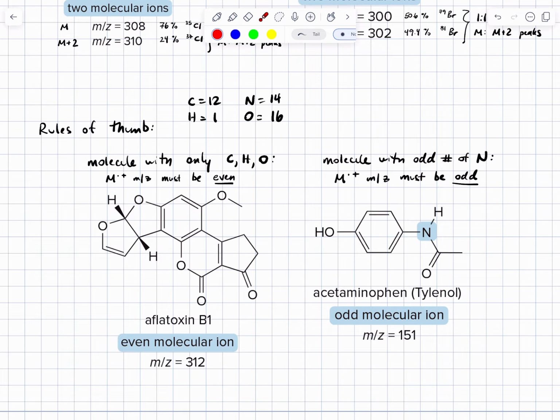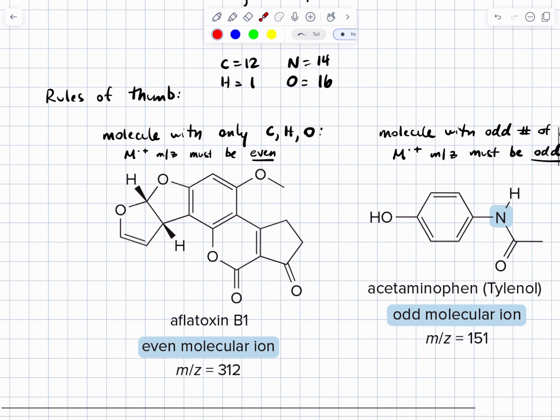Just to be clear, that's if you're dealing with atomic masses without any decimals, okay? This is 0 significant figures. This is 12, 1, 14 for nitrogen, 16 for oxygen. If the molecule only has carbon, hydrogen, and oxygen, the molecular weight has to be even. It just works out that way.